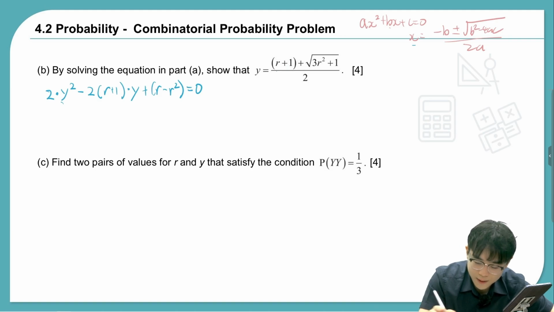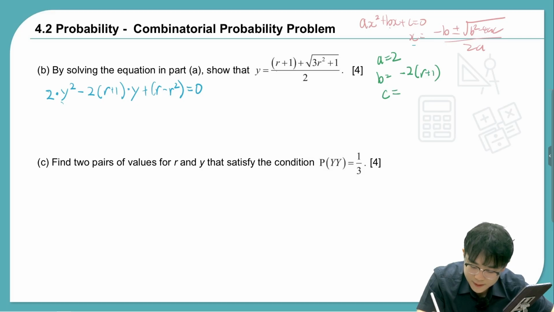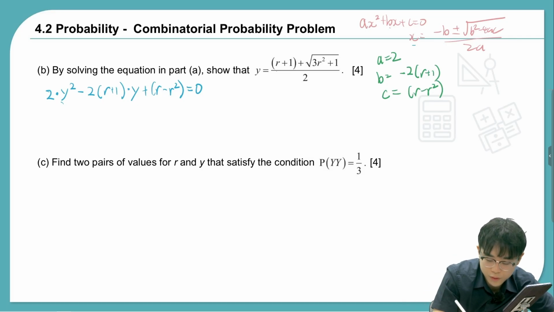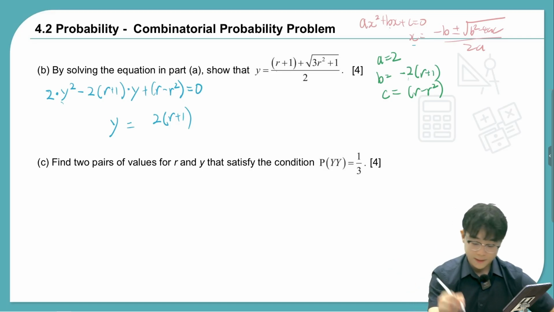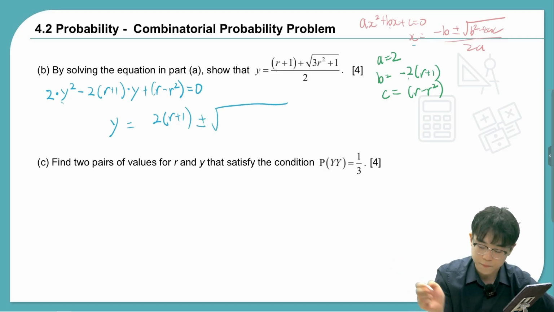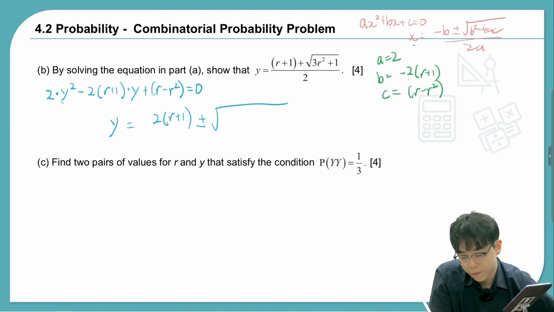So A is going to be 2, B is going to be negative 2 times r plus 1, and C is going to be r minus r squared, right? So using that, let's just set up our quadratic formula. So y is going to be negative b, or it would be negative of negative 2, so it would be 2 times r plus 1. Okay. Plus minus square root of b squared, so that would be 4 times r plus 1 squared, right?